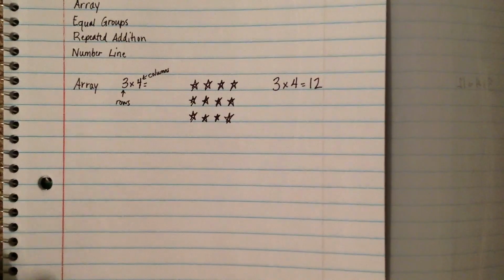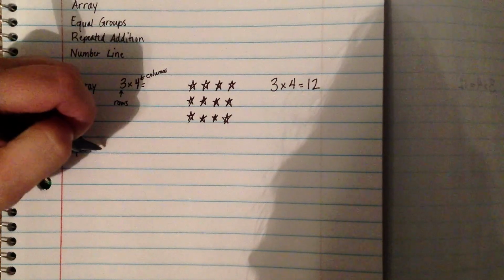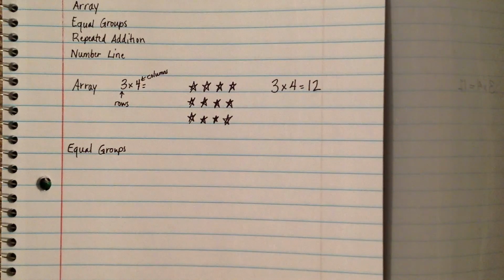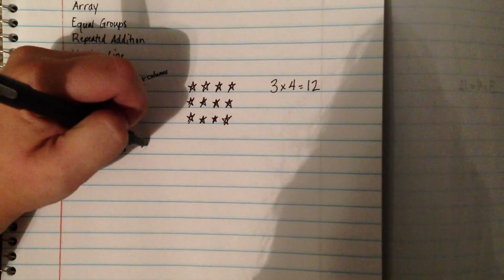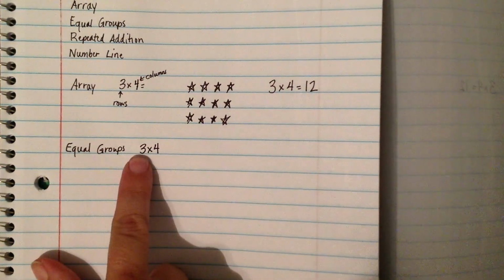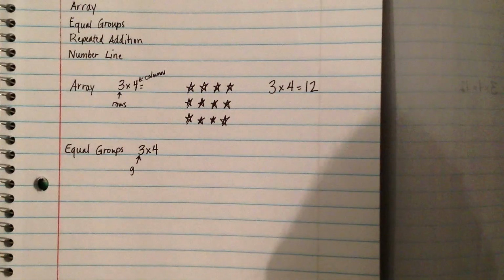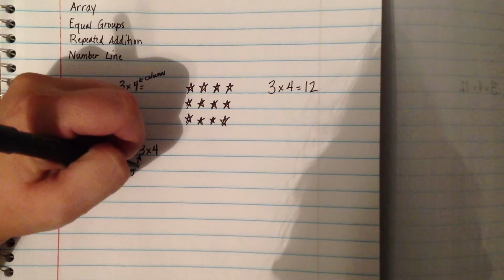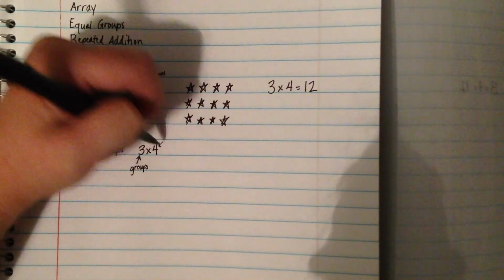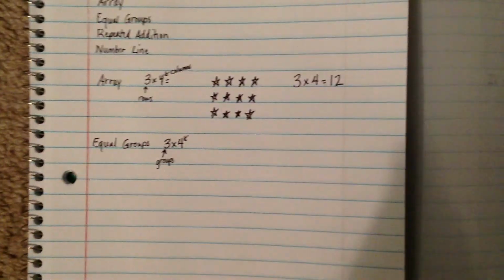Another way we talked about is equal groups. With equal groups, I'm still going to use my multiplication 3 times 4. But this time this number tells me how many groups I'm going to have. And this number tells me how many in each group I will have.